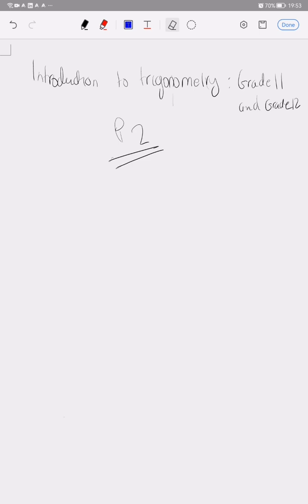Let's say you are having sine 49 is equal to k. They say write the following in terms of k.